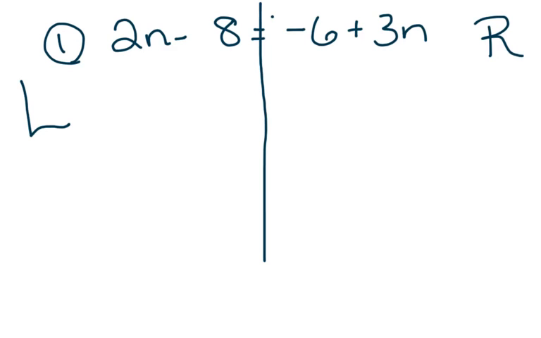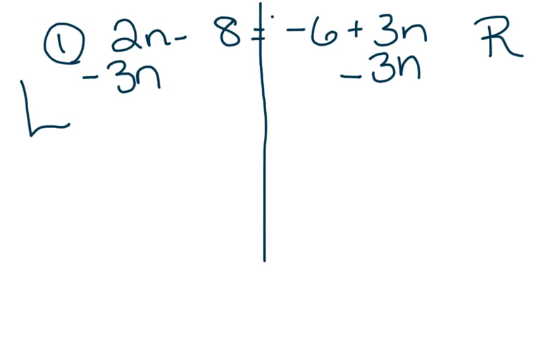Now remember, in order to undo a positive 3n or to remove it from the right side, I do the opposite, so I'm going to subtract 3n. Also remember that if I do something to one side of an equation, it has to be done to the other. So I'm going to put minus 3n, making sure it matches up not under the 8 because there's no n on that, but underneath the 2n.